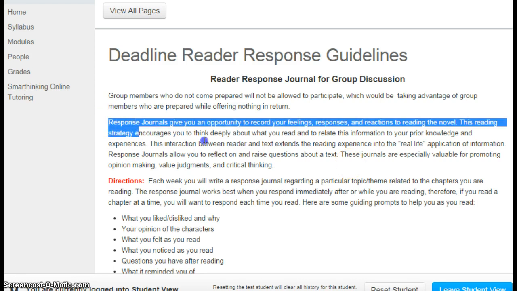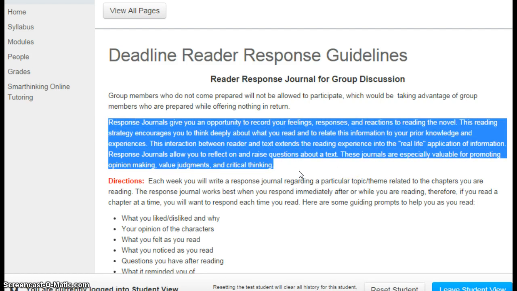Now this right here is just a description of why we're doing this response journal. Again, this is a reading strategy, and it gives you the opportunity, as it says right here, to record your feelings, responses, and reactions to the novel or to whatever you're reading. It helps you to think deeply about what you've read and to relate it to prior knowledge and experiences that you've had.